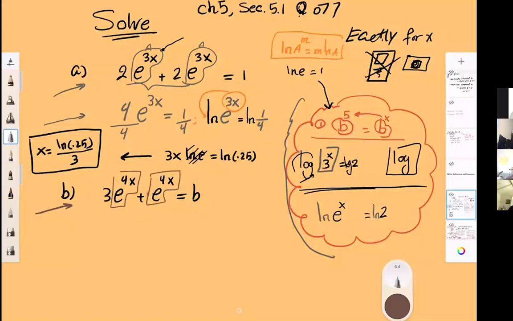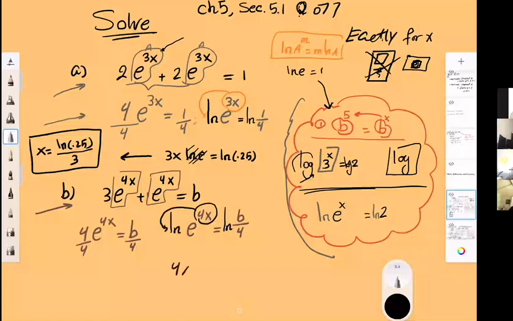We have 3 plus 1, we get 4e^(4x) equals b divided by 4. e^(4x) equals b over 4. Now we take a ln of both sides. This exponent will be here. We're going to have 4x ln of e equals ln of b over 4. ln of e is 1.